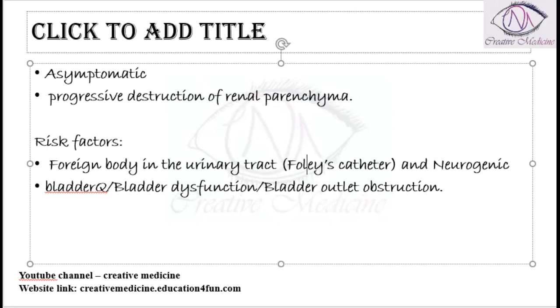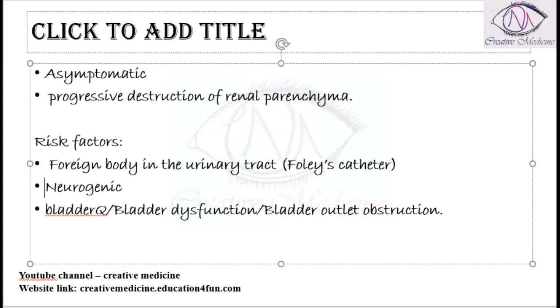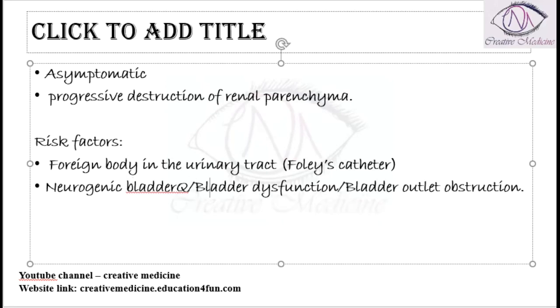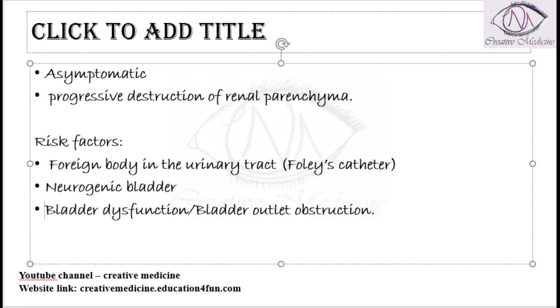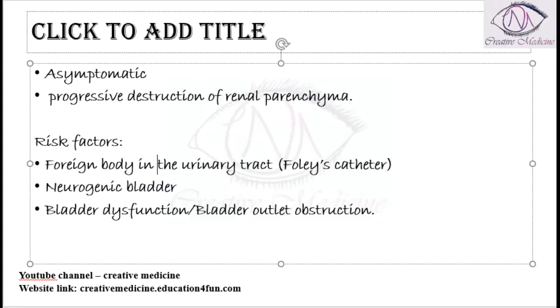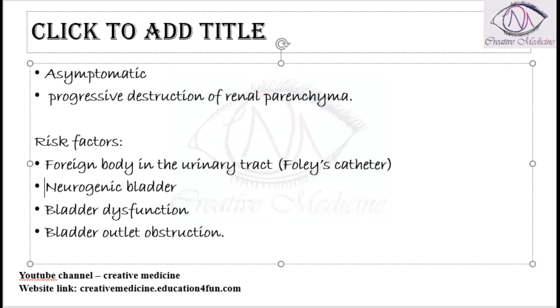Struvite stones are seen in the presence of a foreign body. Whenever there is a foreign body in the urinary tract, like a Foley's catheter, you are introducing an external material from outside. So this will predispose the person to urinary tract infection. In neurogenic bladder, there is increased risk of urinary tract infections.